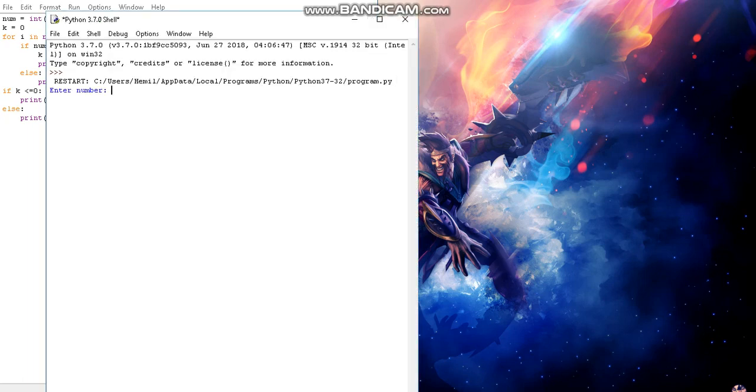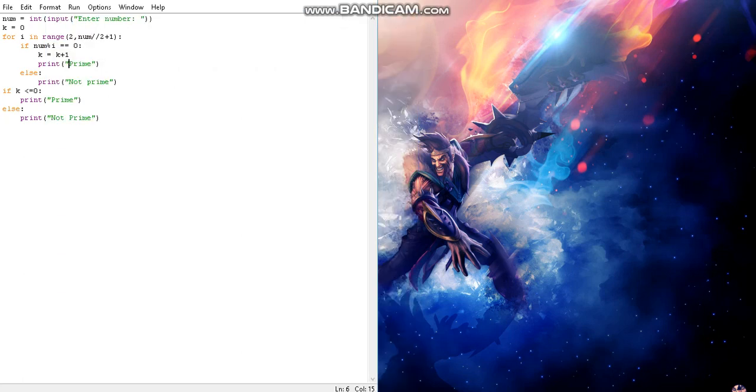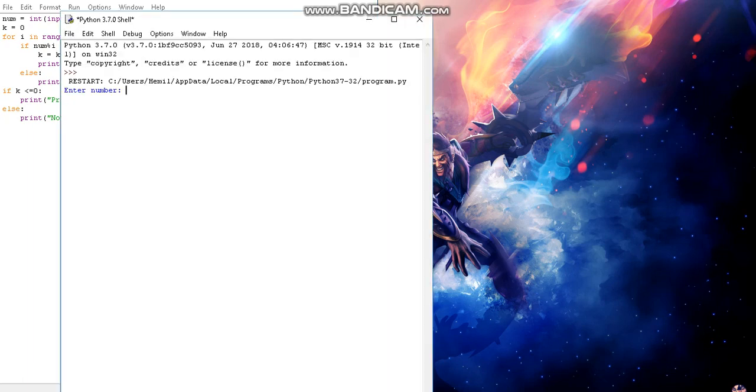Okay, so it should say not prime and prime. Okay, so that's what I was saying, the system gets it confused, because if one of them doesn't divide it, i.e. not equal to 0, it will just straight away go to this one and it will print not prime. So yes, oh okay, I have it the wrong way. What am I saying? Right, no, sorry, never mind. So if we replace this with this and put this in instead, it should essentially work the same way.